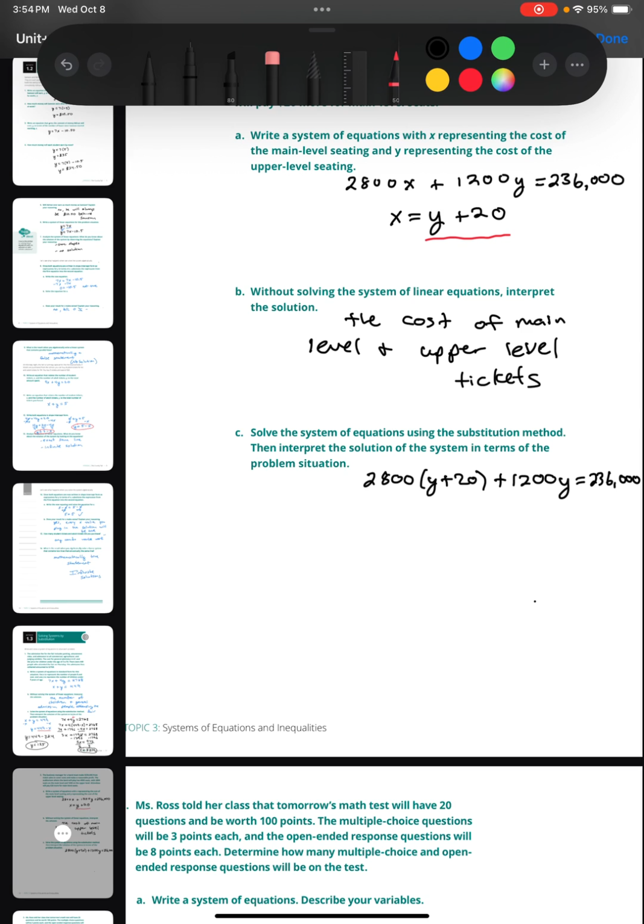If we distribute now, we get 2,800y plus 20 times 2,800 would be 56,000. Bring down everything else. Combine our like terms. 1,200y plus 2,800y combines to be 4,000y.